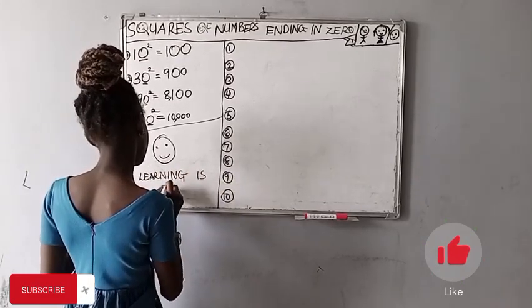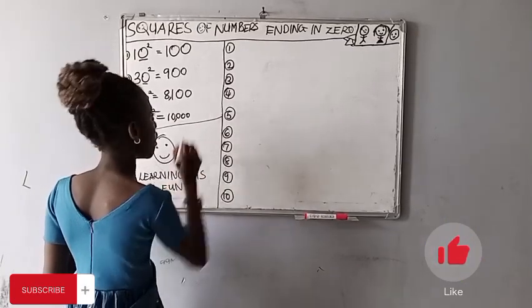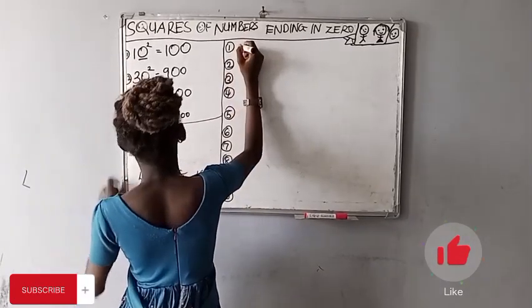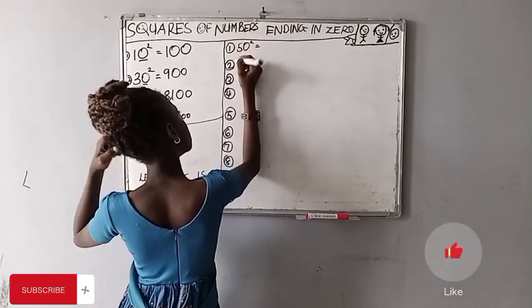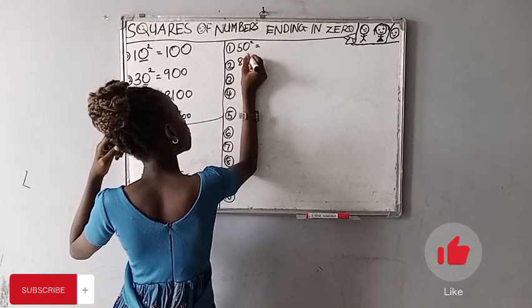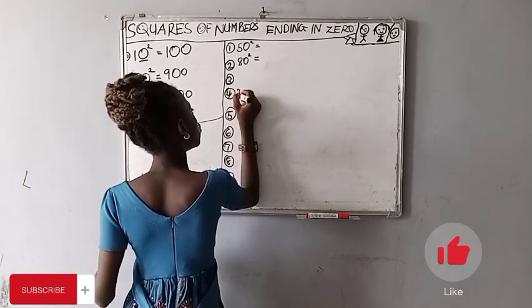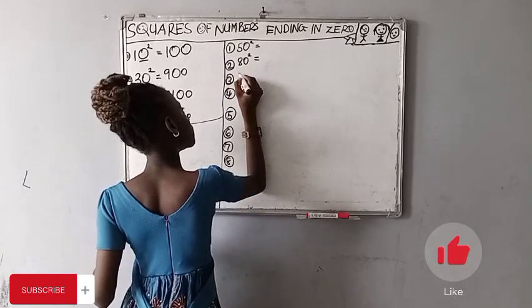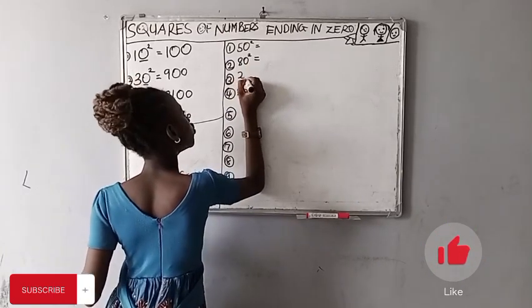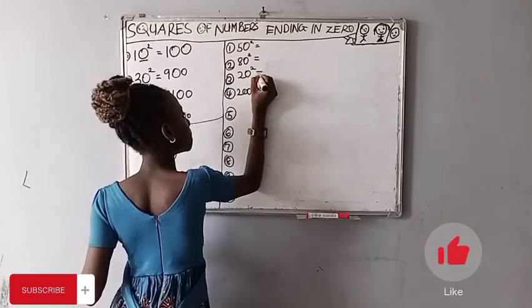Okay? Number 1, solve. It's not here in the examples. 50 squared, 80 squared, 200 squared, 20 squared.